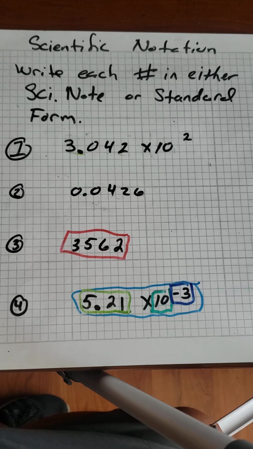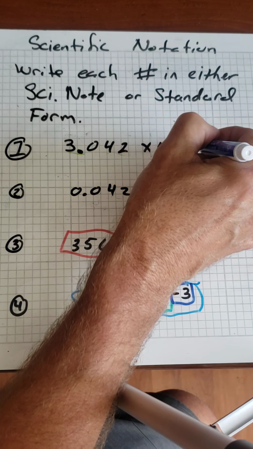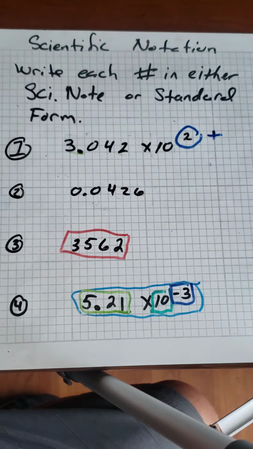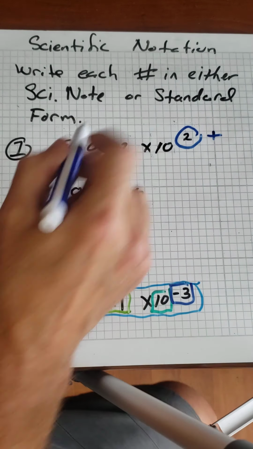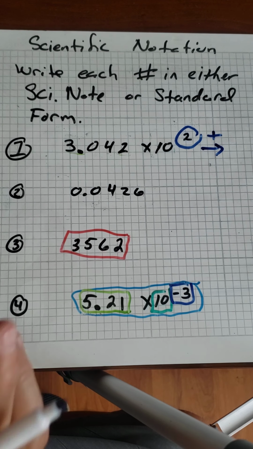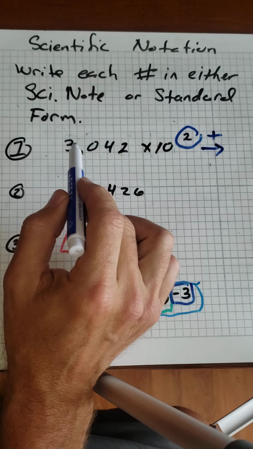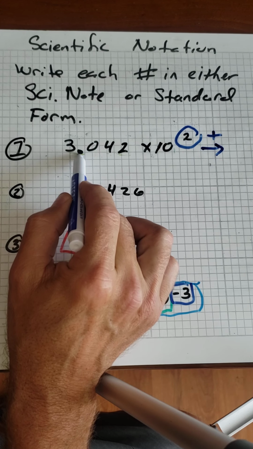Okay, so here's what I think I remember. I think I remember that when the exponent is positive, that means you're going to be moving your decimal place to the right. Okay, so when the exponent's positive, you move your decimal place to the right. So I'm going to move it from here.